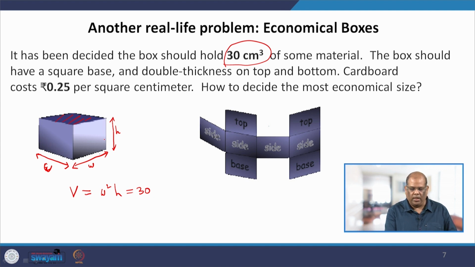So, if I open this cardboard box, if I open the sides, this will be 1, 2, 3, 4 sides, and the top part. The top part is this one and the base part is this one. Now, why is there 2? Because I need the double thickness, and hence there is another top and another base.